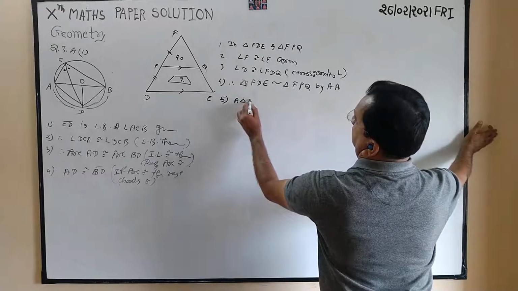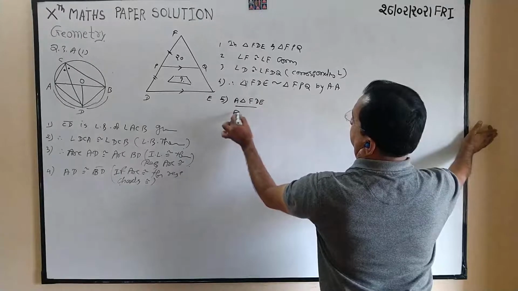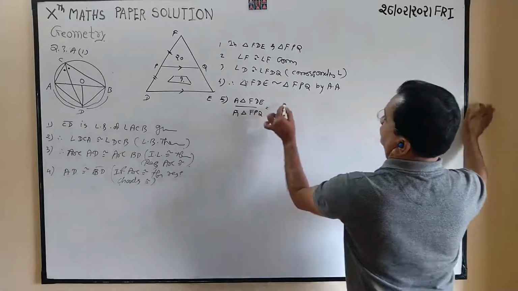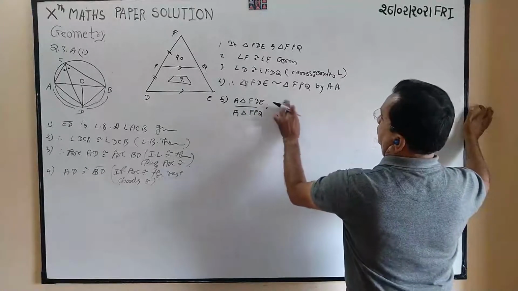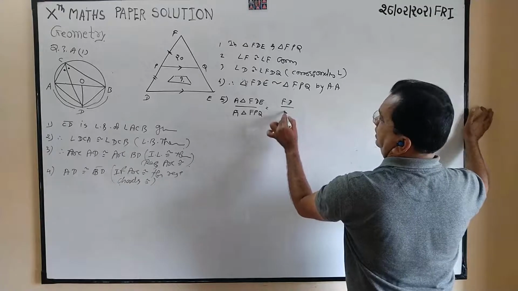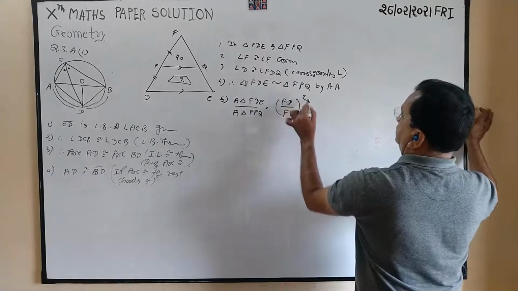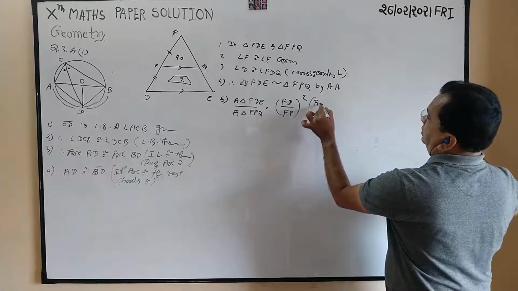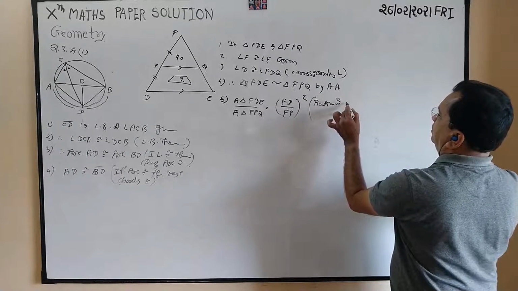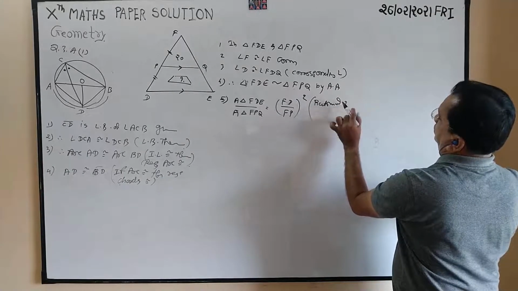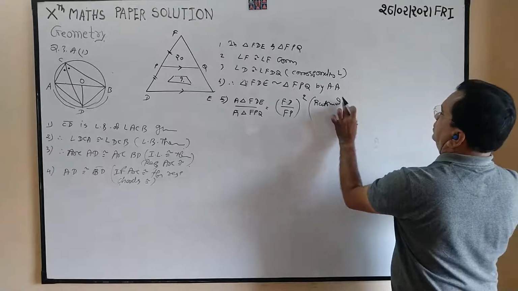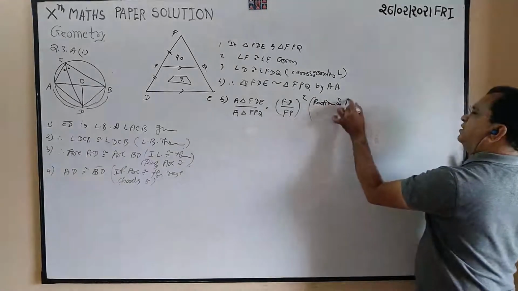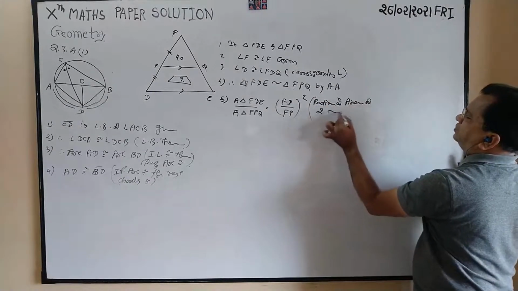Area of triangle FDE divided by area of triangle FPQ is FD square by FP square. Ratio of areas of two similar triangles.